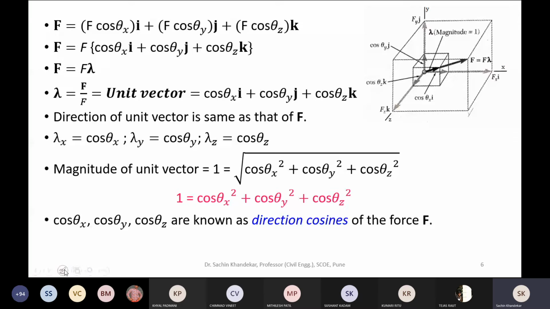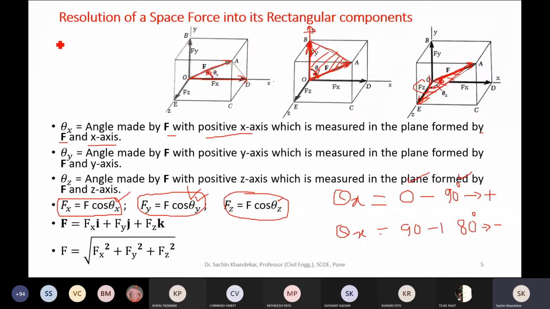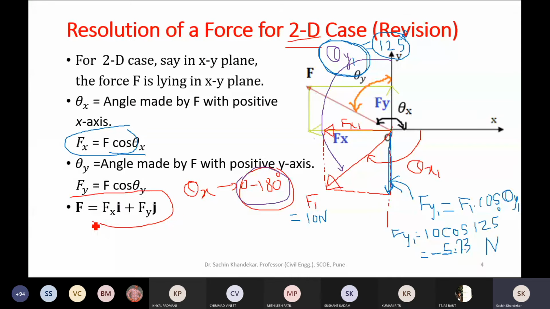Let us move further. So similar to this two-dimensional case, the force vector I'm representing in vector form as F is equal to Fxi plus Fyj.